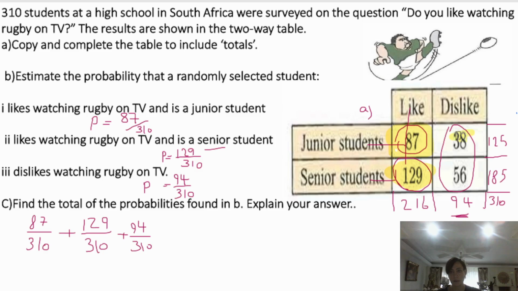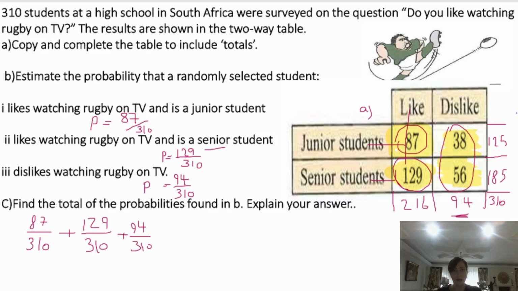For part 3, I will go for column 2. We see if I add all these probabilities up, I cover the whole table. That means all the students. So the probability would be 1.